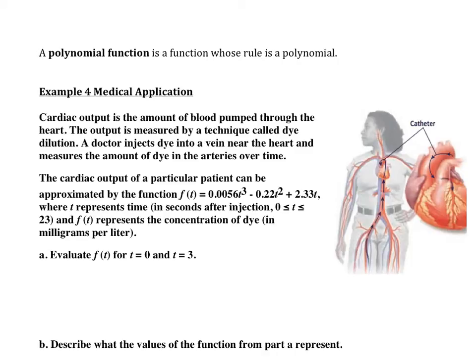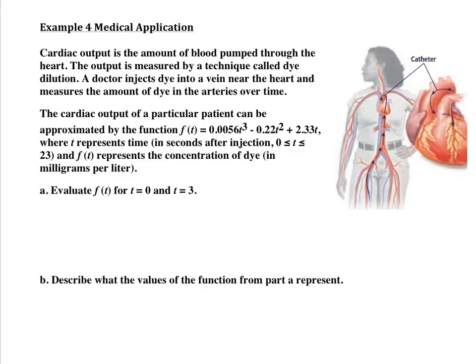So really the important part is that first it's represented by this function, and f of t represents the concentration of dye. So t is time, and the actual function evaluated is the concentration.